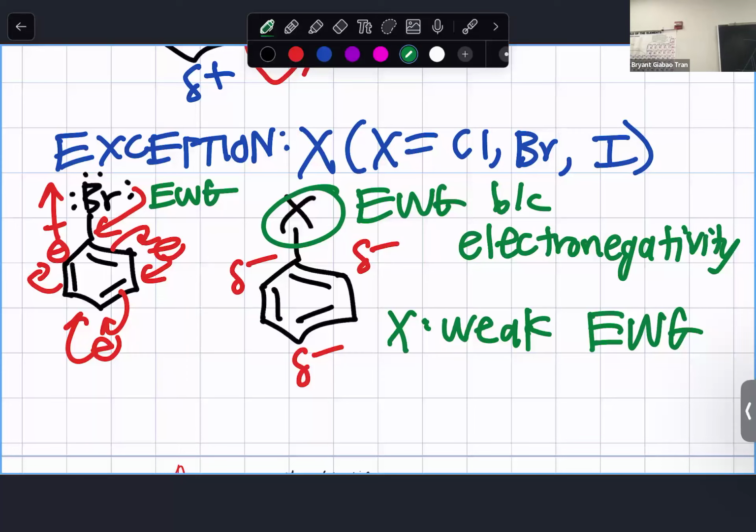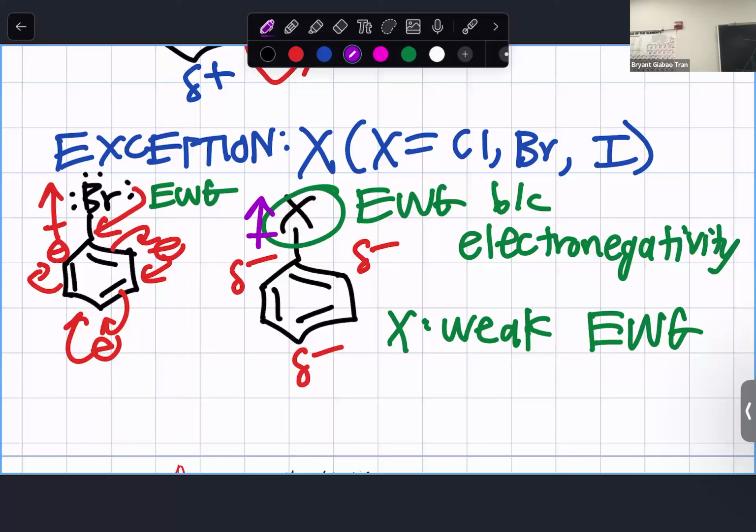It's an EWG because it is really electronegative, withdrawing electrons through induction. So it withdraws electrons through induction, but it's an EDG because of resonance, giving those ortho and para positions relative to it a negative charge.